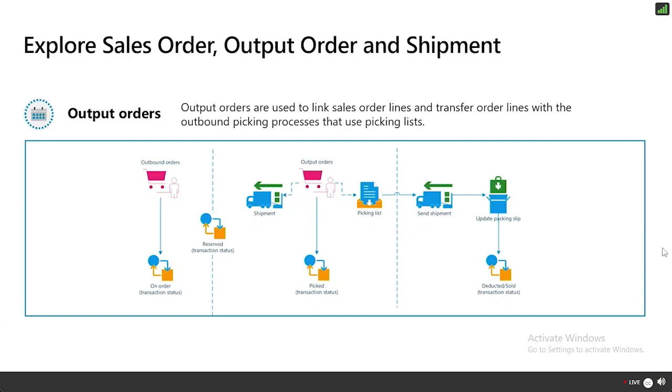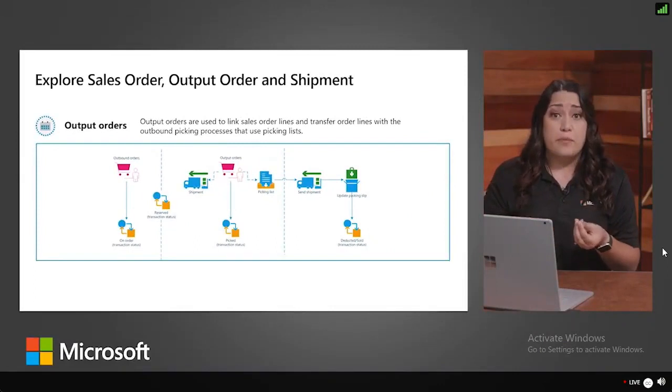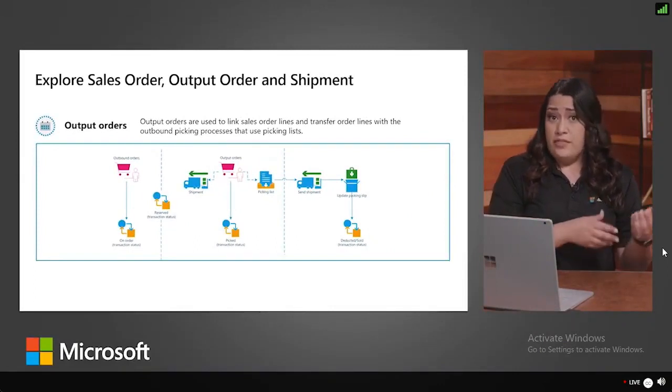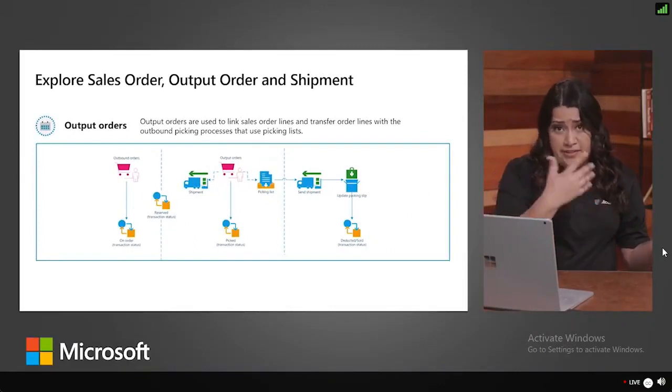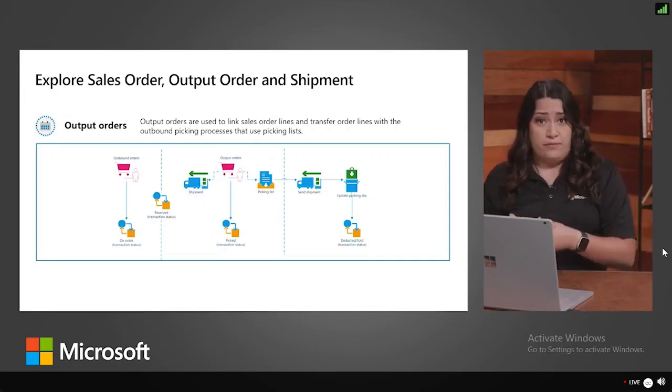And when the picking lists are generated from either sales orders or transfer orders, they're all going to be automatically created. Now, what a picking list has is a one-to-one relationship with the shipment. The transfer order shipment, or the sales order packing slip, can be processed from the shipment itself.